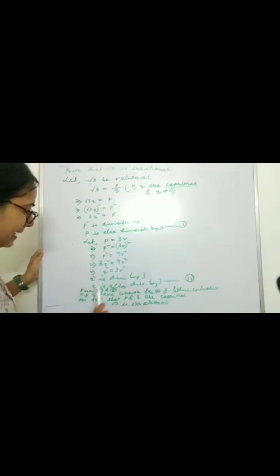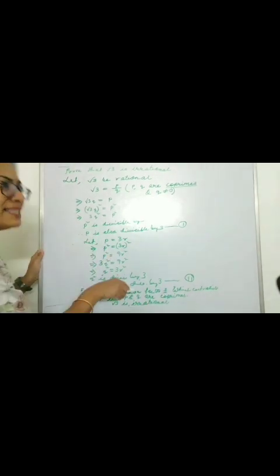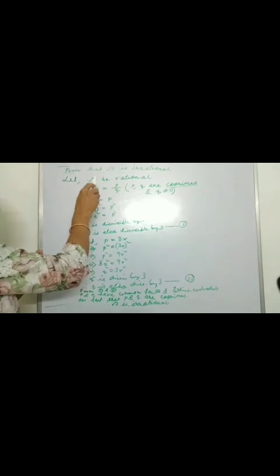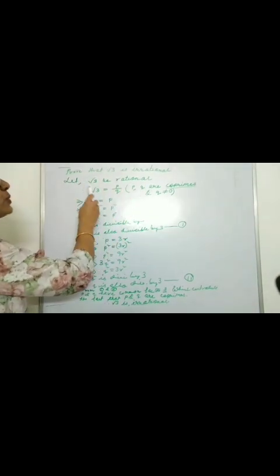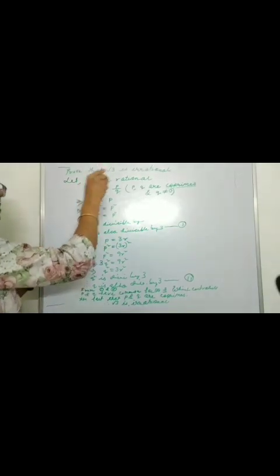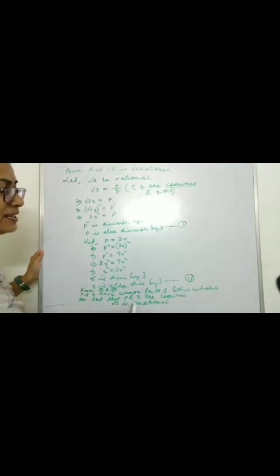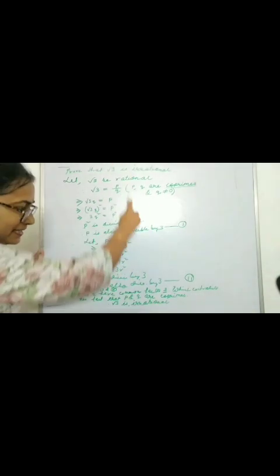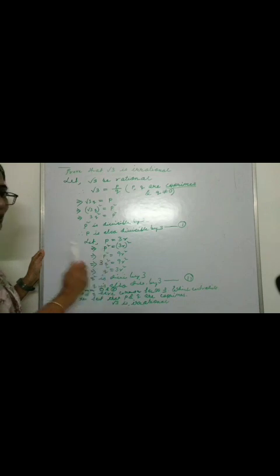But we are getting that p and q have common factor 3. And this is happening because of our wrong assumption. In the beginning we assumed that root 3 is rational, but actually root 3 is irrational. Therefore we have to write square root of 3 is irrational, and this is how we have to prove, and this method is said to be the method of contradiction, as I told you in the beginning.